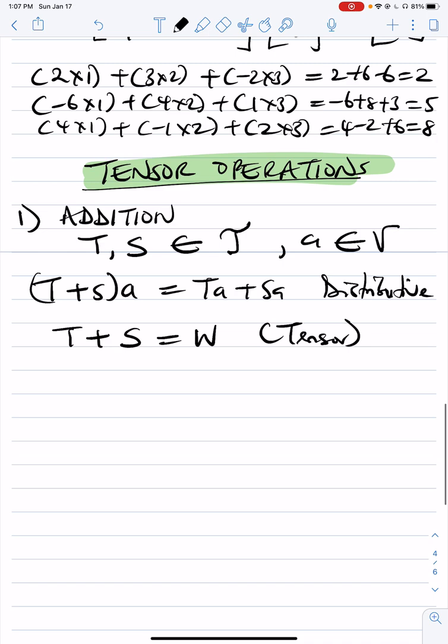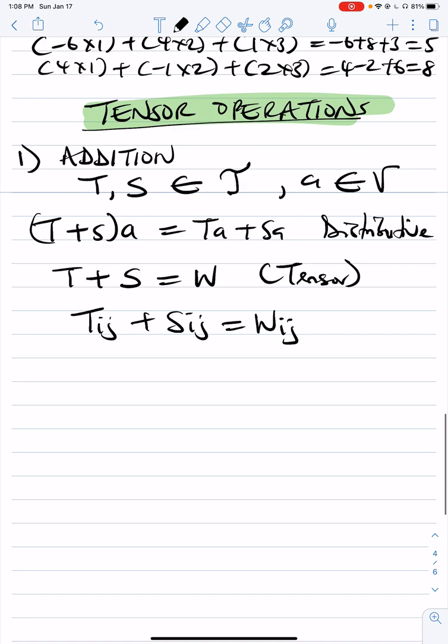Of course, the dimensions should agree. That's common sense, basically. Tij plus Sij in indicial notation should be this. These are the components here in indicial notation.